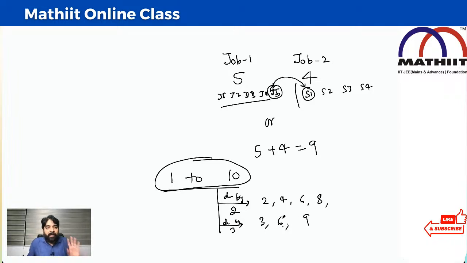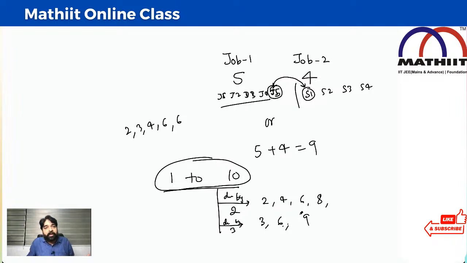Yes or no? If I ask how many numbers between 1 and 10 are divisible by 2 or by 3, you will say, sir, 2, 3, 4, 6 are there. And 6 again you cannot write. So you cannot say 4 plus 3, 7, because 6 only one time you have to count.